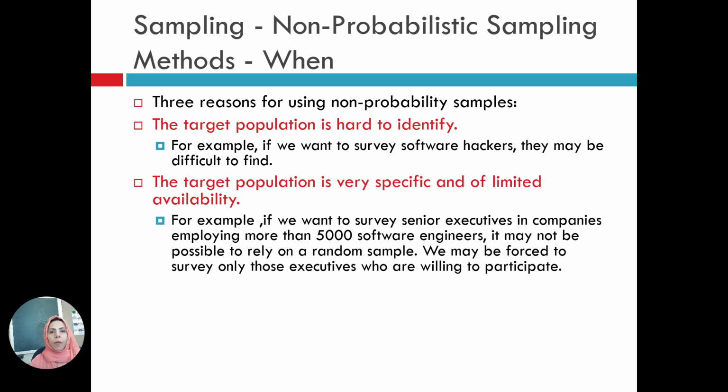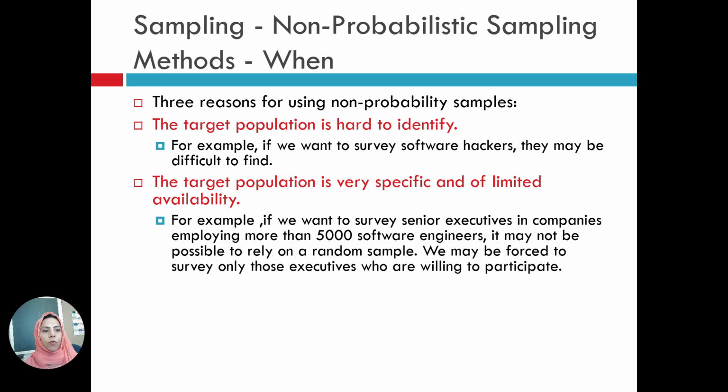resort to a non-probabilistic sampling technique despite its limitation is that target population तो मालूम है, लेकिन it is very specific and its availability, a researcher has difficulties finding those resources, finding that target population and finding the respondents in that target population. So क्या example हो सकती है?